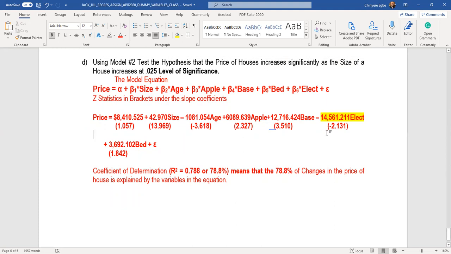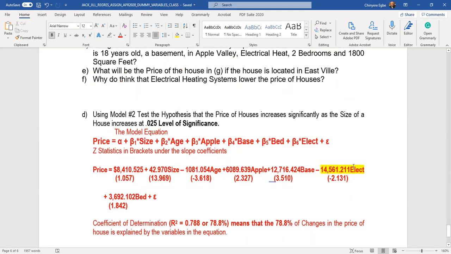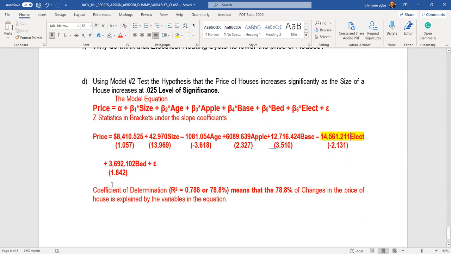So now the next question then is, does this estimation indicate that this effect of electrical heating system is significant? And the answer is very simple. What you have to do is to state your hypothesis. The null hypothesis is that B is equal to 0 for electrical system.